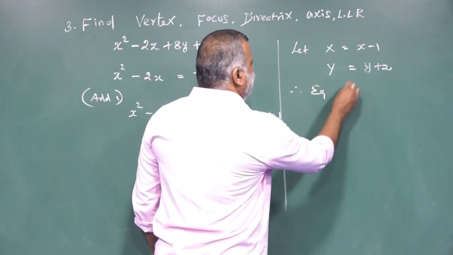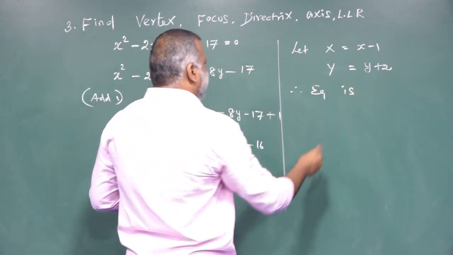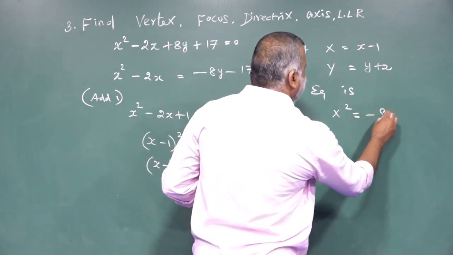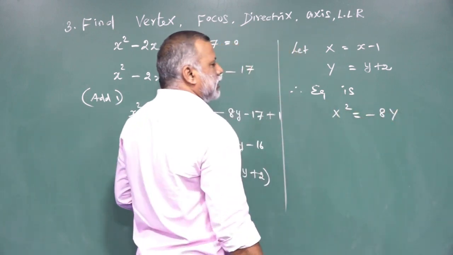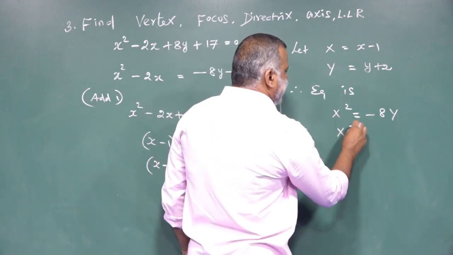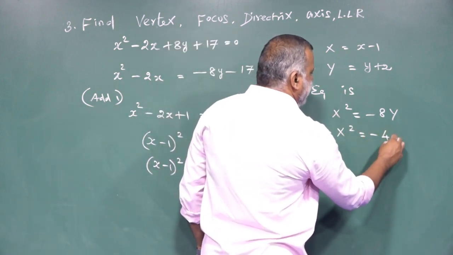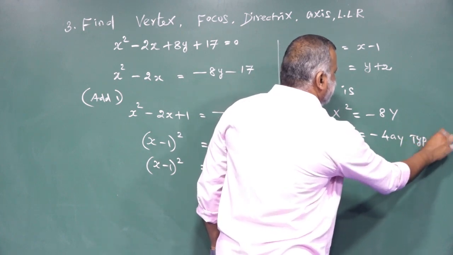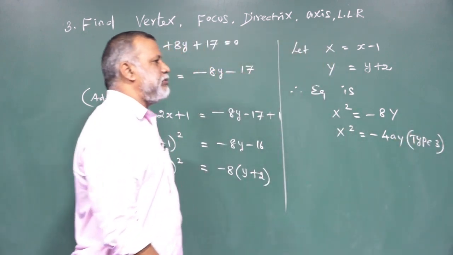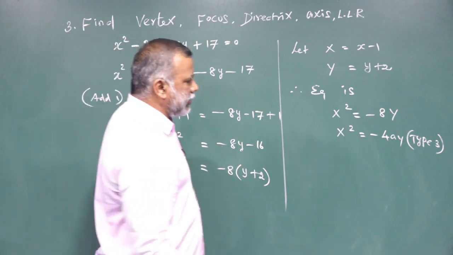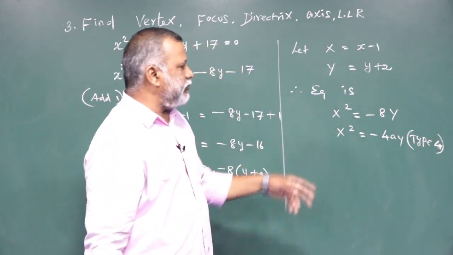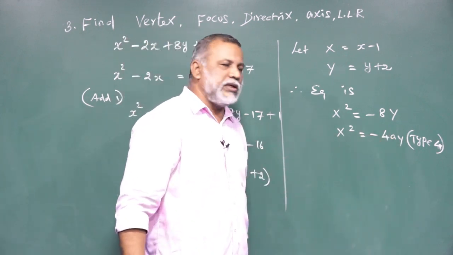Therefore, the given equation is capital X squared equal to minus 8 into capital Y. Now compare it with capital X squared equal to minus 4aY. That means it belongs to type 3. Not type 3, type 4, because we have minus 4a.